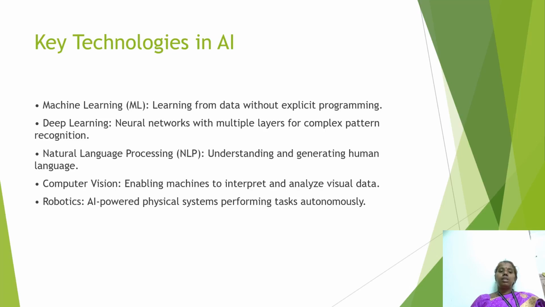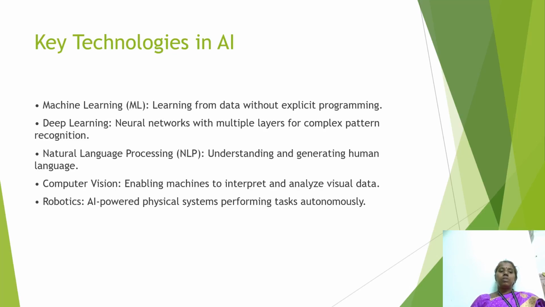Next technology is deep learning, a subset of machine learning that uses artificial neural networks with multiple layers to learn from complex data, leading to more advanced capabilities. The next technology is natural language processing.